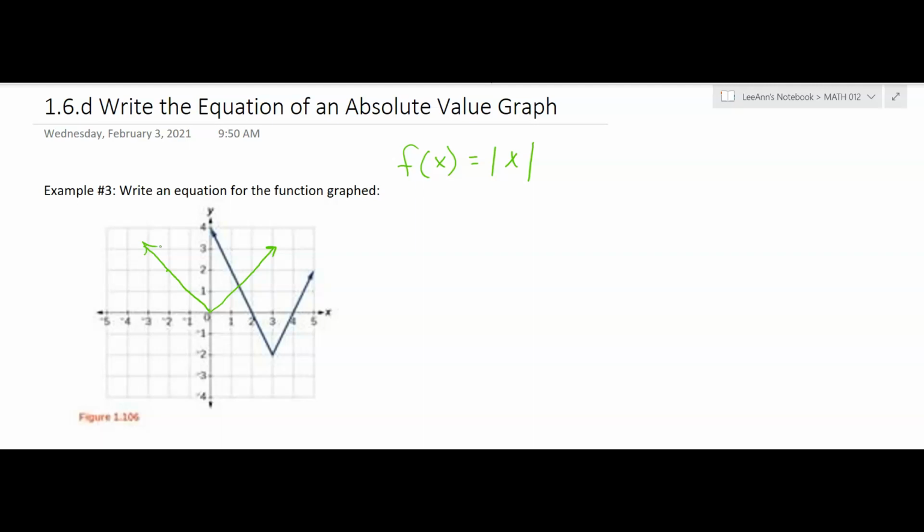So if you compare that, what I've drawn in green, the basic toolkit function, absolute value function, and then we look at what they've given us, you can see there's some changes that have been made, right? Okay, so it looks like the vertex for that absolute value, that lowest point, has shifted to the right 3 and down 2.